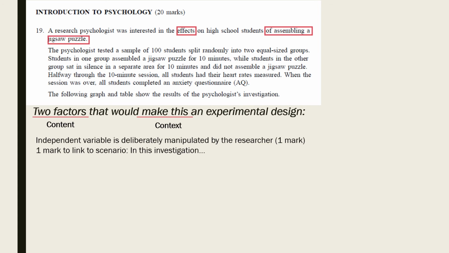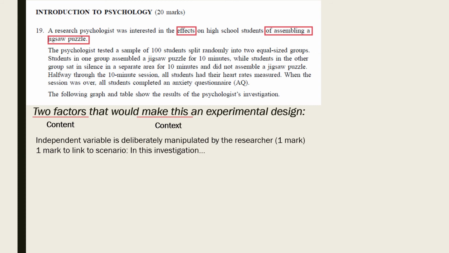And then our context mark is to say in this investigation, what was manipulated was the assembly of the jigsaw puzzle. And if we wanted to link that to the effect on the dependent variable, we would say in this case, we're wanting to see the effect of the jigsaw puzzle on heart rate and on the anxiety questionnaire scores. Those two measures are the dependent variable in this scenario.